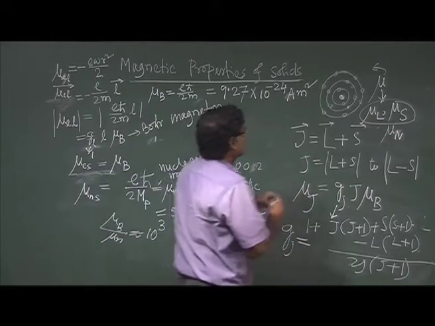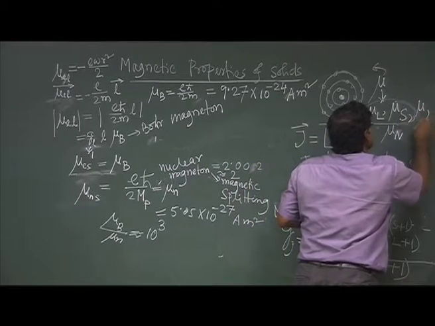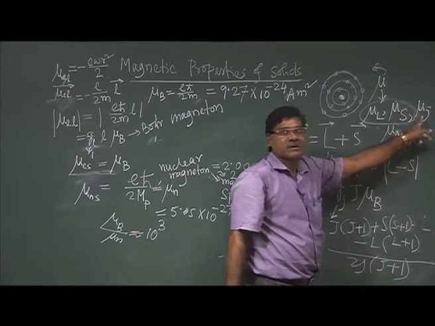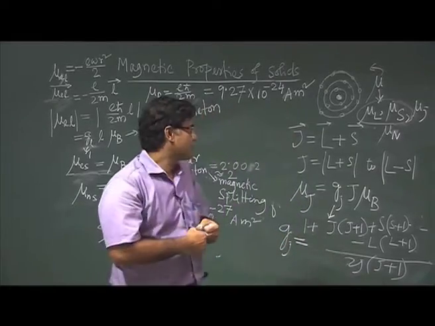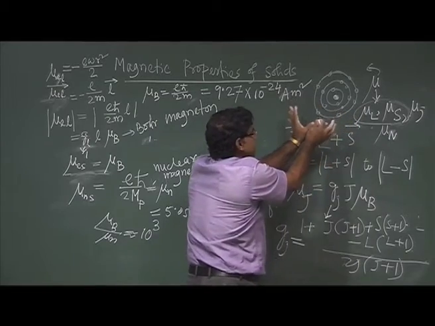So, this contribution also comes as μ_J. So, this is the total. Now, this value depends on the LS coupling. So, this is the atomic situation, the magnetic moment for an atom.